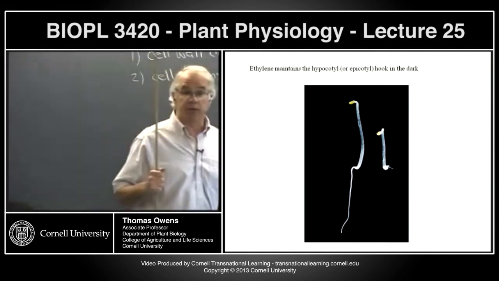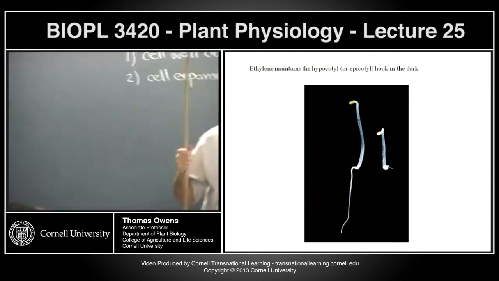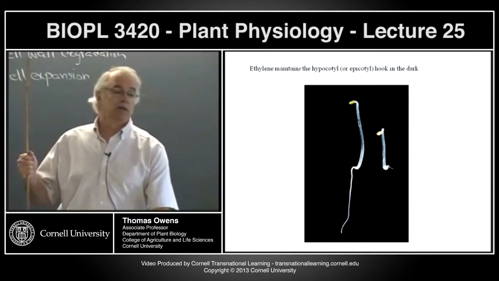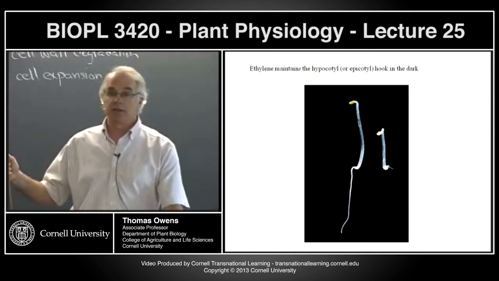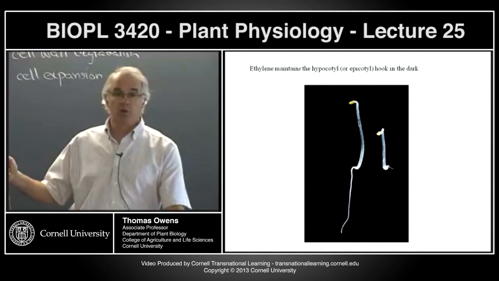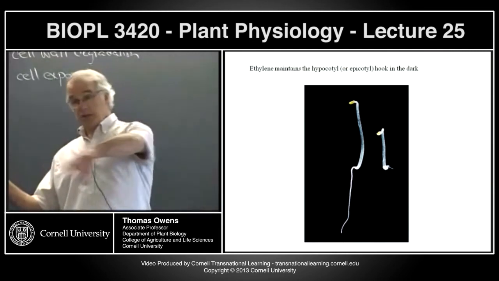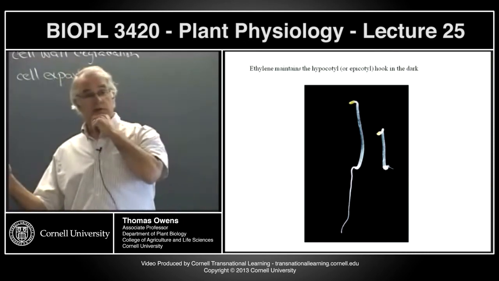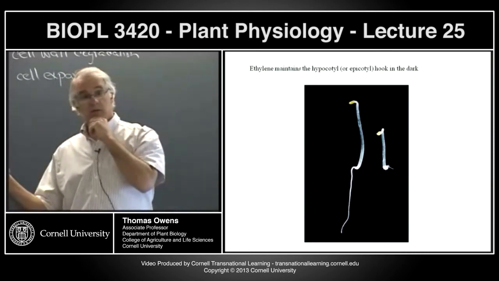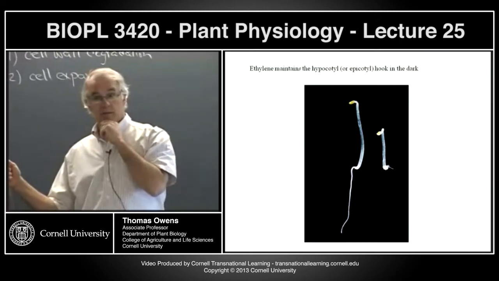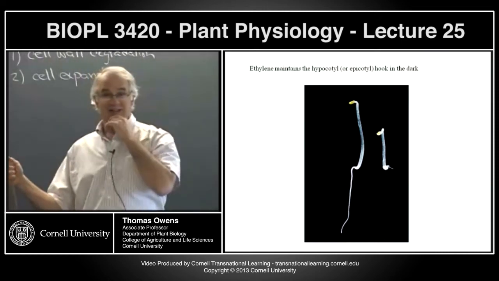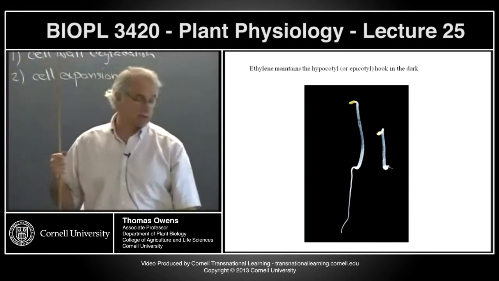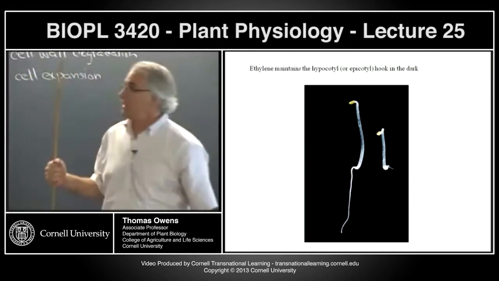So it shouldn't be particularly surprising to you that one of the effects of ethylene associated with the triple response should have something to do with the orientation of the cellulose microfibrils and what determines their orientation. What determines how the cellulose microfibrils are oriented? Yeah, it's got to be something in the cytoskeleton, right? So an interesting study has been done.